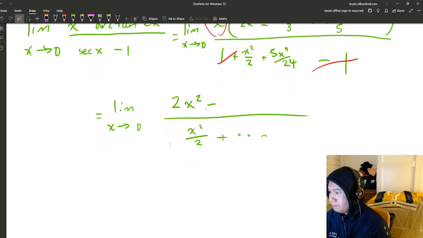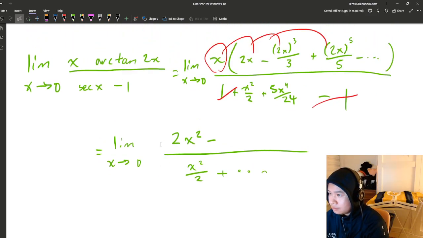Okay, multiply this out, 8 x to the power of 4 over 3 dot dot dot.